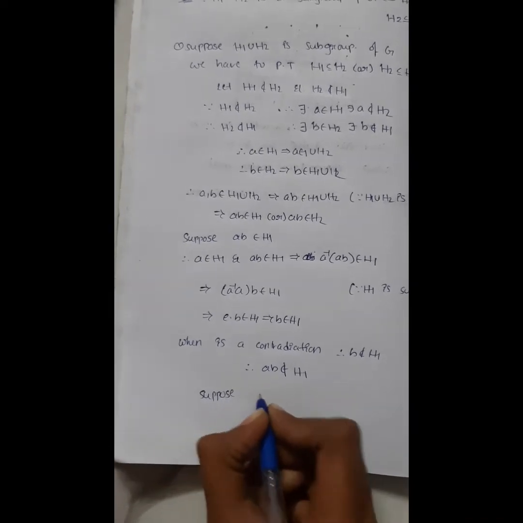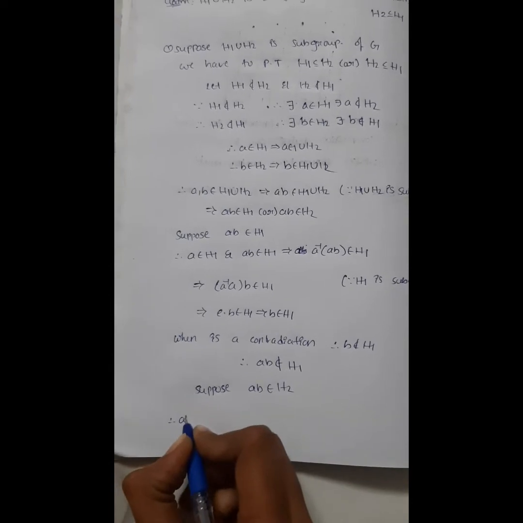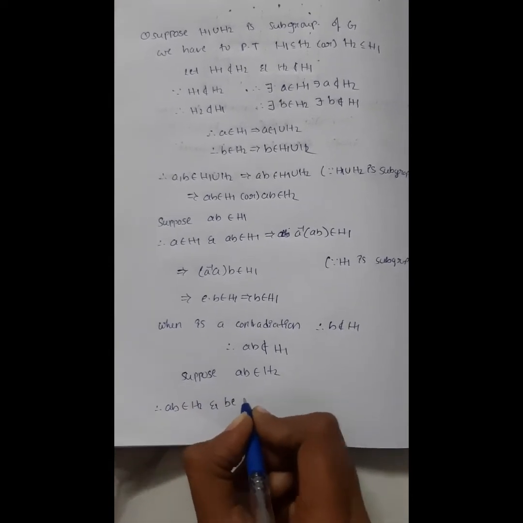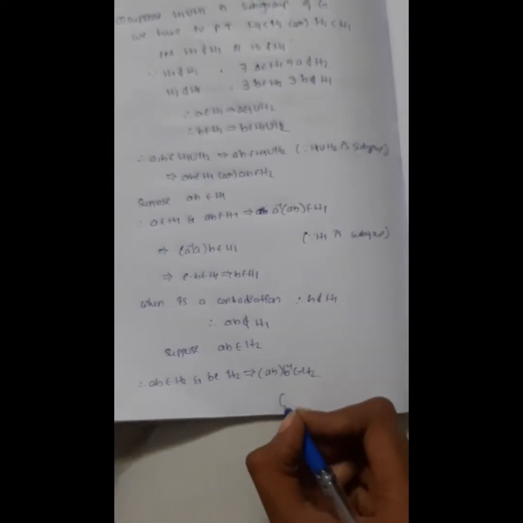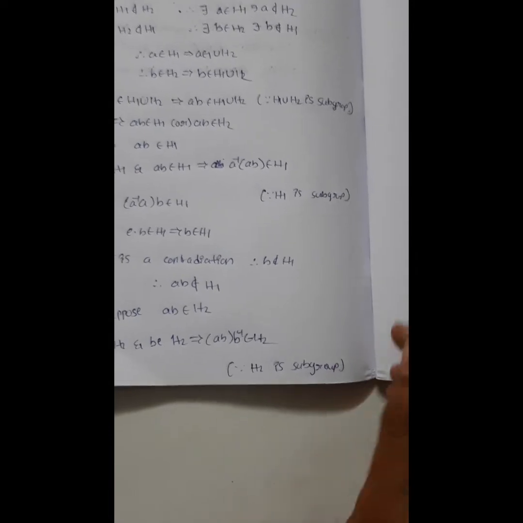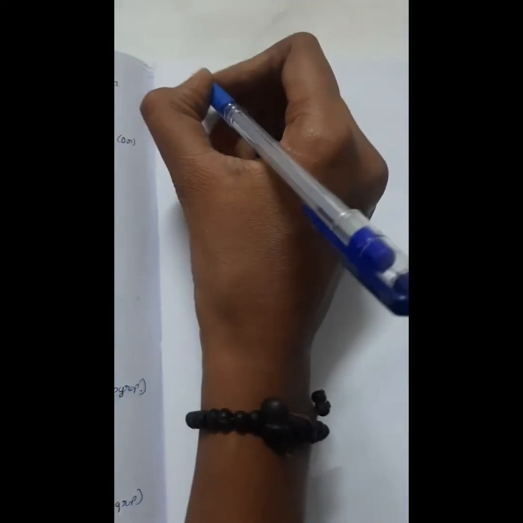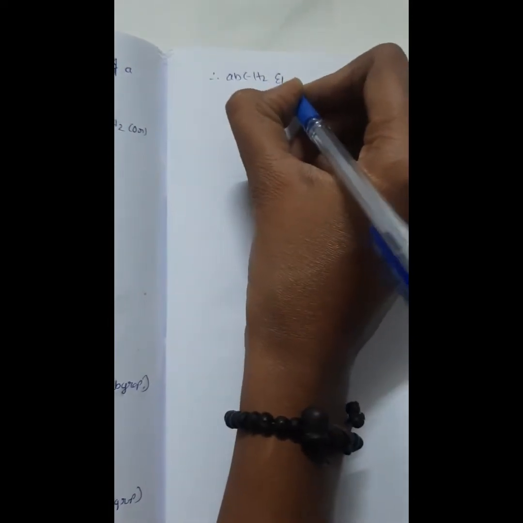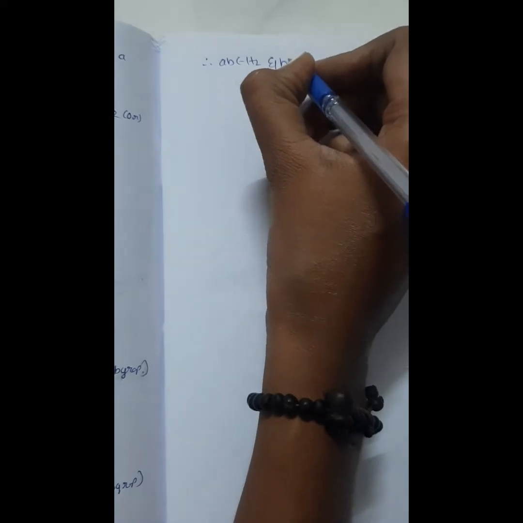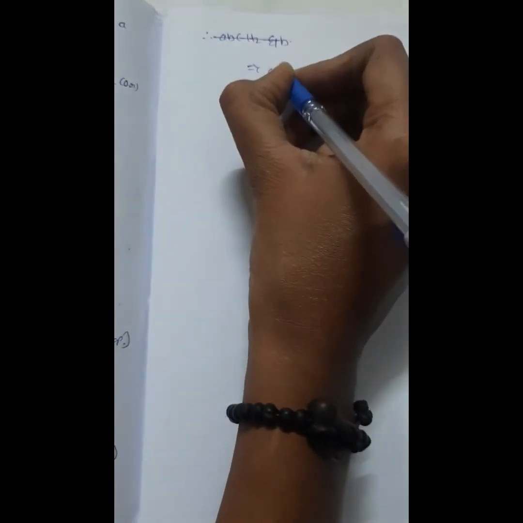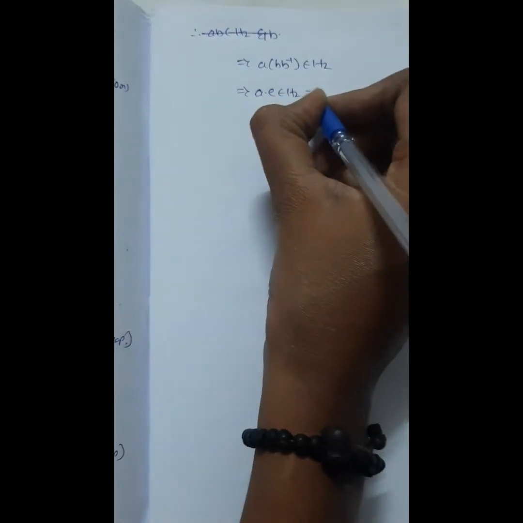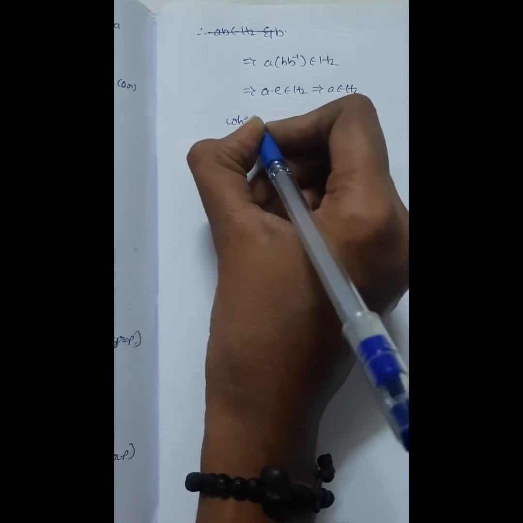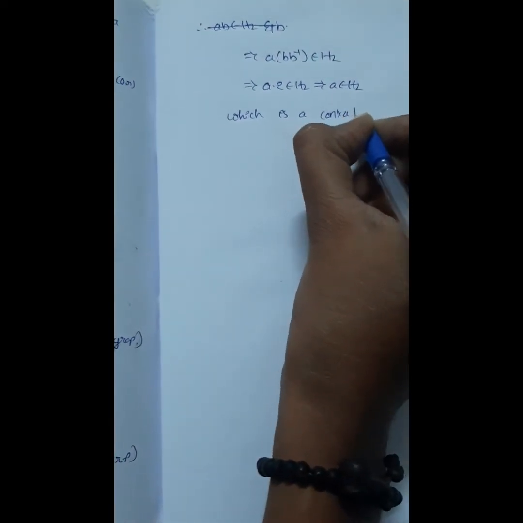Suppose AB belongs to H2. Since AB belongs to H2 and B belongs to H2, AB B inverse belongs to H2, as H2 is a subgroup. That gives A B B inverse belongs to H2, A E belongs to H2, that is, A belongs to H2, which is a contradiction.